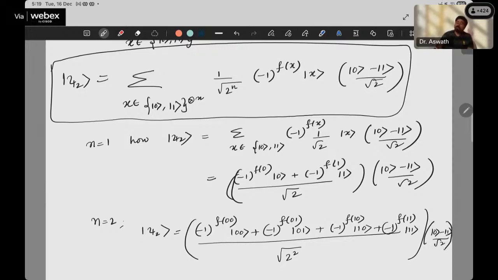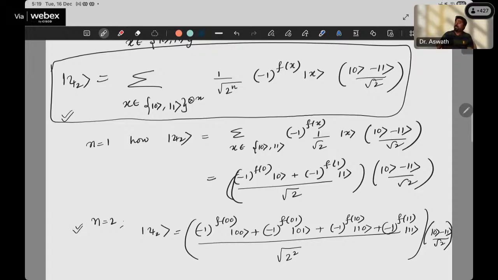This is what you will find for n equal to 2. So for generic n, what we have is this equation at the top. For n equal to 1 we have this, for n equal to 2 we have this. You can write for n equal to 3 also. It's easy.